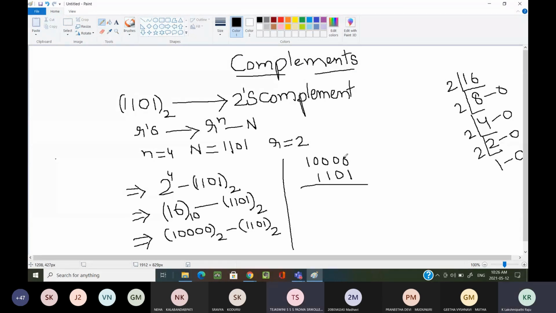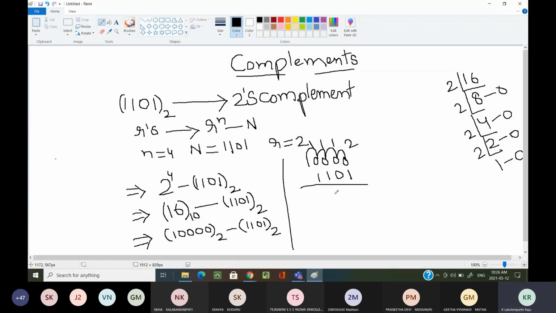Can we subtract 0 minus 1? Not possible. What we are doing? We take a borrow from here to here. Now this will become 2. Here the left one is 1, here also the left is 1.